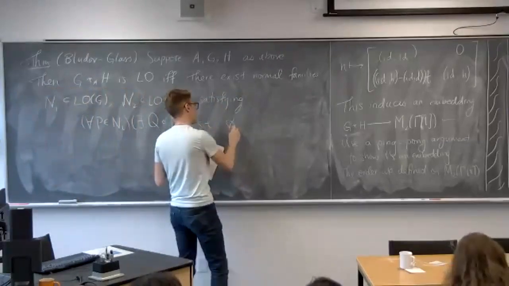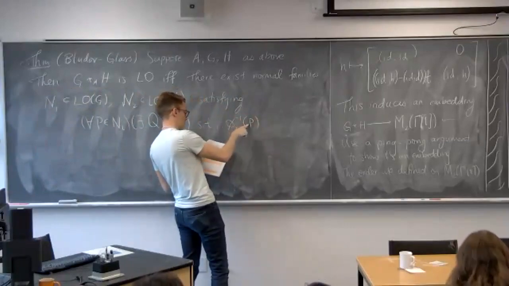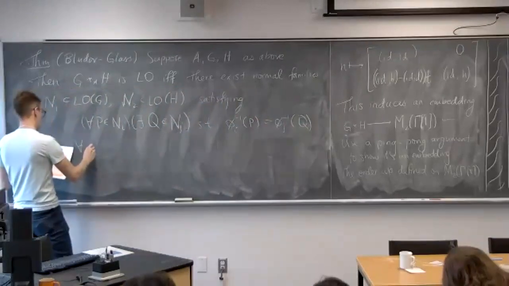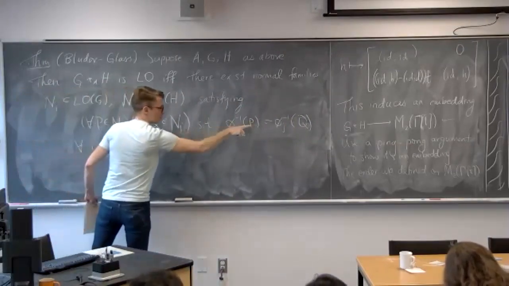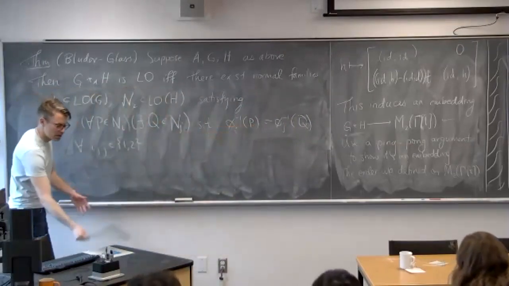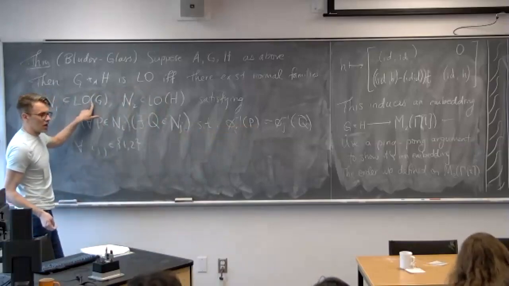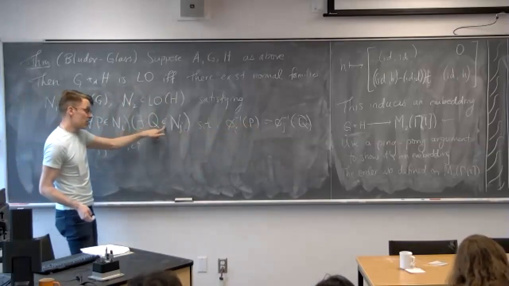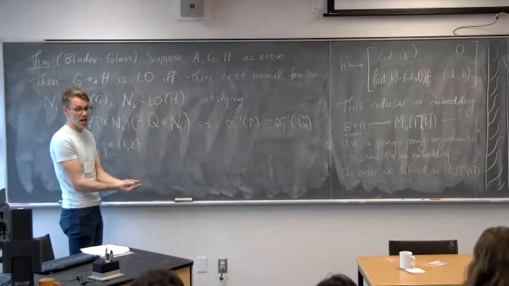I'm going to write it as pre-images of sets, but the way you should be thinking about it is, every time you take an order on one of the factors coming from your normal family, there has to be an order on the other factor coming from the normal family, such that when you restrict to the common subgroup, they match.